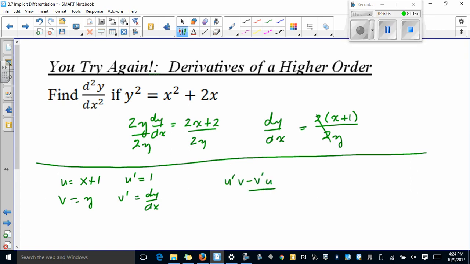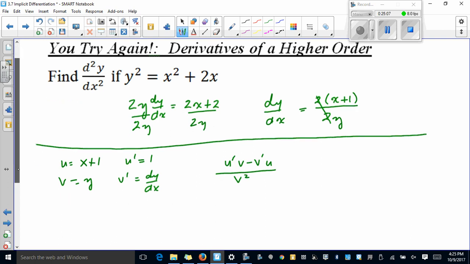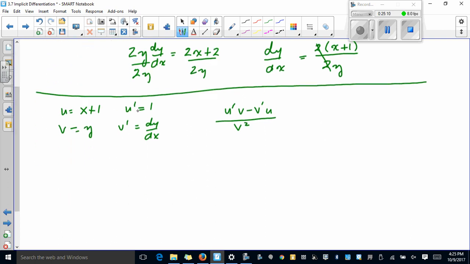So u prime v is just y minus, multiply this way, I get dy dx times x plus 1. And this is your second derivative, so d squared y over dx squared. There's that dy dx, and we know that to be x plus 1 over y. So this is going to be y minus x plus 1 over y times x plus 1.